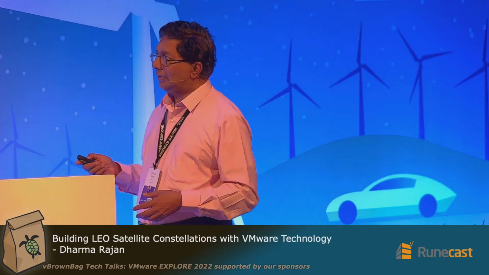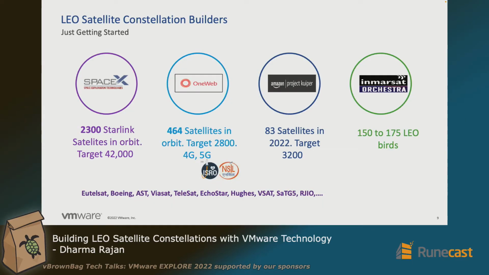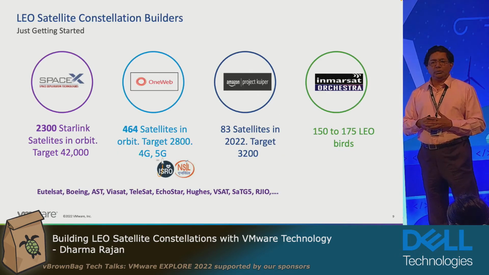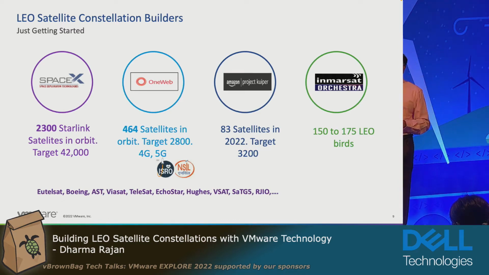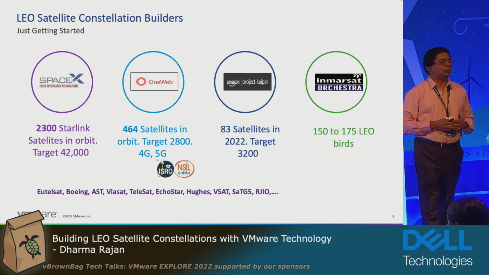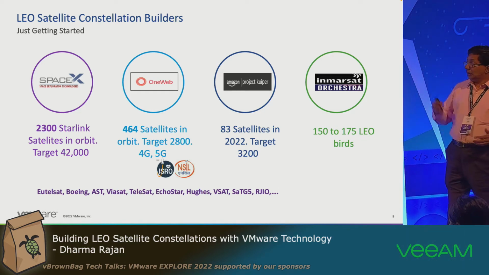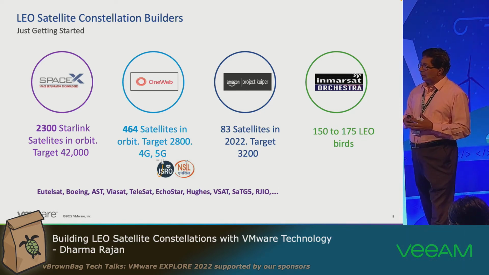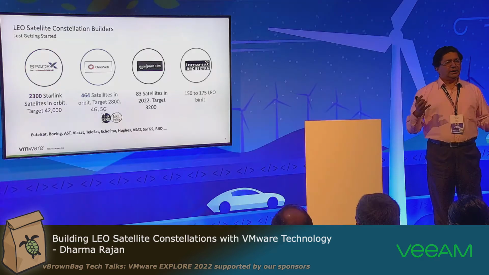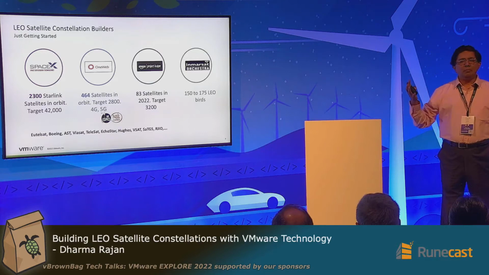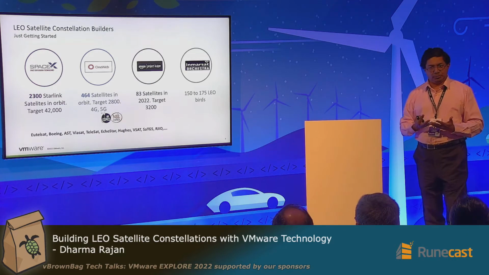Now, these are some examples of this constellation. Who really is doing this? I said 50,000 plus satellites are planned to be launched. Already you see that nearly 2,300 Starlink satellites were launched in orbit, and their target is to launch about 42,000 satellites. Now, the second, OneWeb. OneWeb is a company which is launching satellites, and their technology is a complete cloud-native architecture.